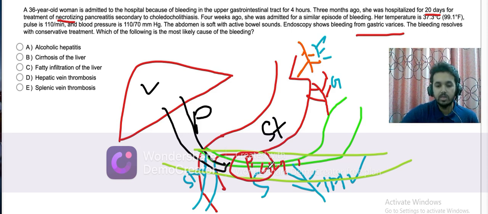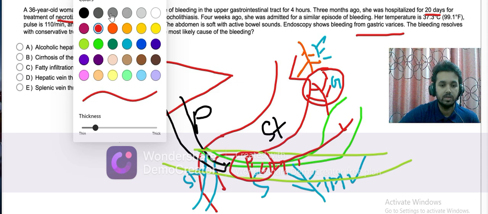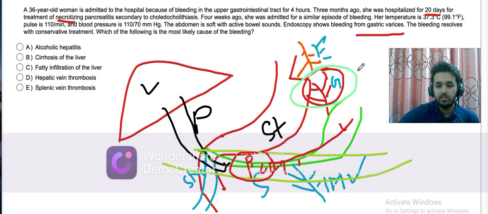If the splenic vein is eroded or destructed, it cannot drain the blood into the portal vein, so the blood flow is backflow. So there is bleeding from the gastric varices, from here, because the pancreas is eroded or destructed.